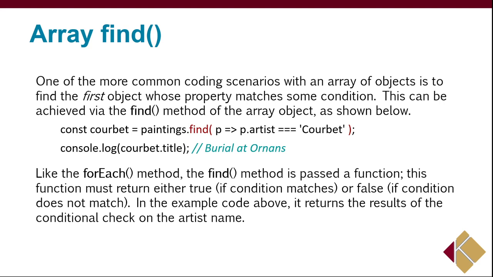In general, when you are using find and filter, you're going to need some sort of catch statement. Because if you put in there artist equals Warhol, it's not in the array. So it's not ever going to do anything.